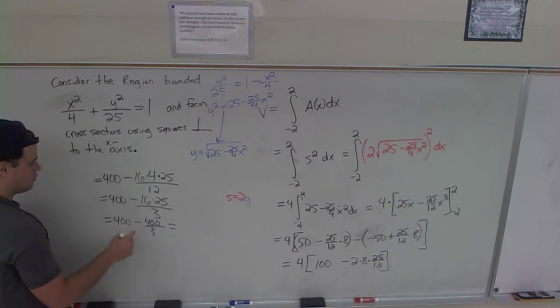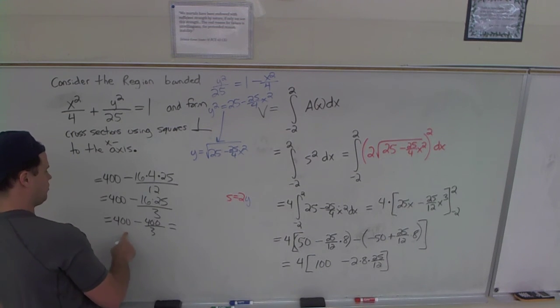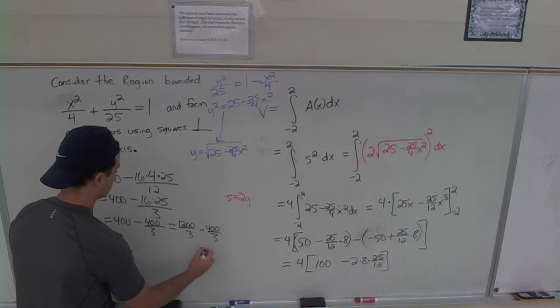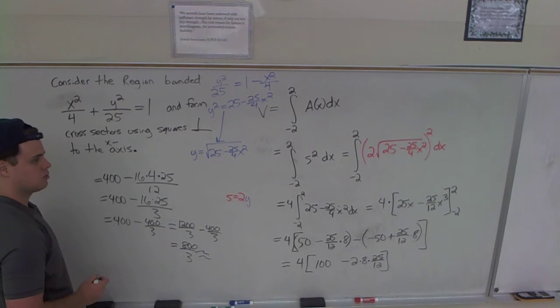So let's see, 400 minus 400/3. You can make a common denominator by multiplying by 3, so that's 1200/3 minus 400/3. So that's 800/3.